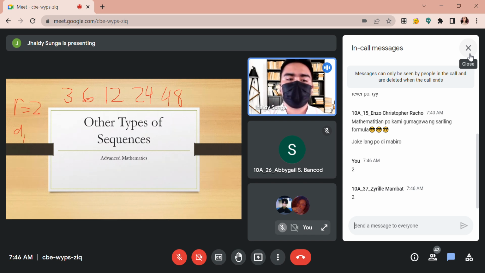Our first term is 3. And our last term is, for example, a sub n equal to 48. For example, we have these terms, we have 5 terms, right? So our a sub n is 48 and our n is 5.